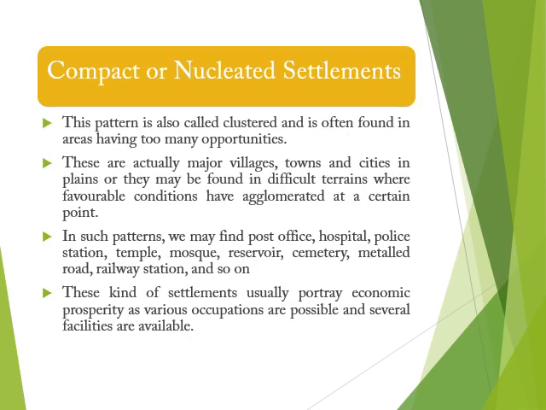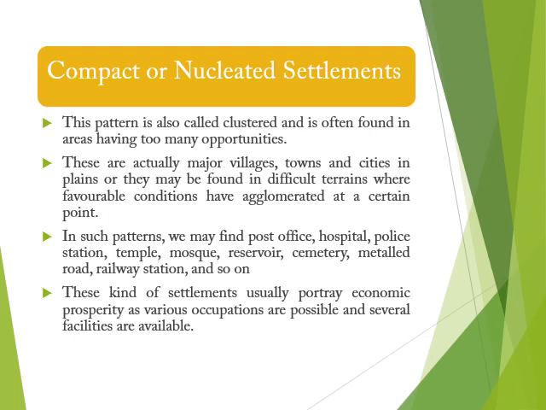Compact or nucleated settlements. This pattern is also called clustered and is often found in areas having many opportunities. These are actually major villages, towns and cities in plains, or they may be found in difficult terrains where favorable conditions have agglomerated at a certain point.